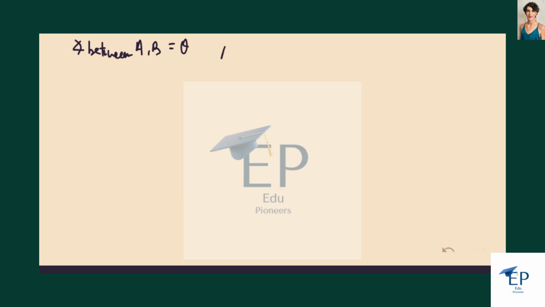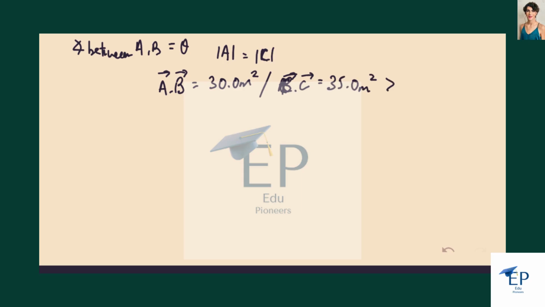Now we're given that the magnitude of A is equal to the magnitude of C. But when we take A dot B, we get a value of 30 meters squared. But for B dot C, this gives us 35 meters squared, which is greater than A dot B.